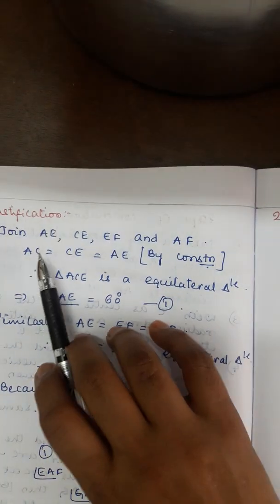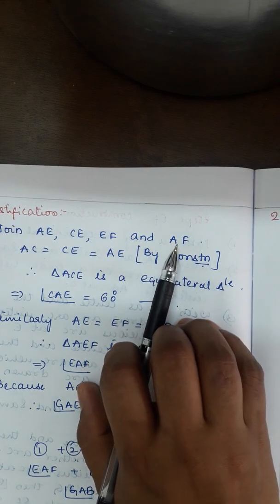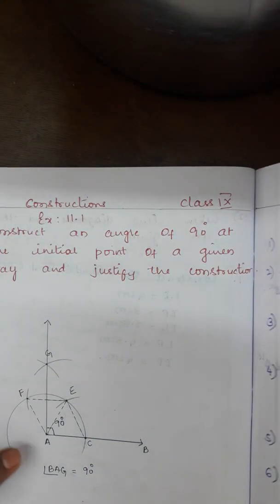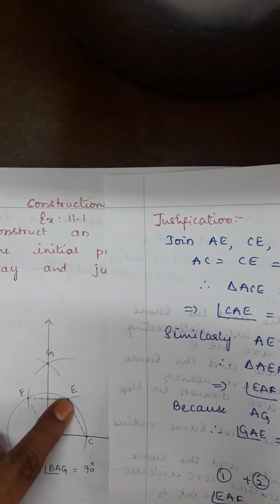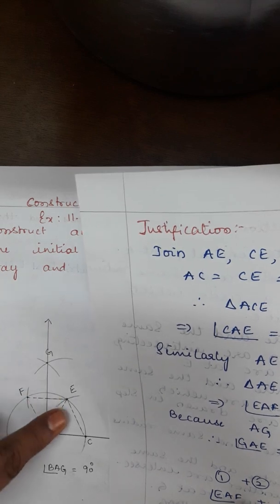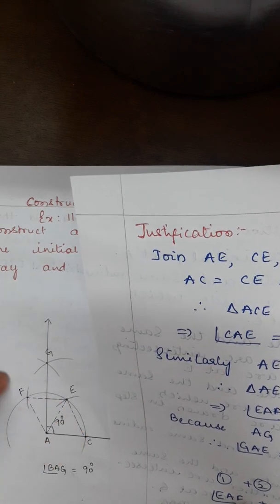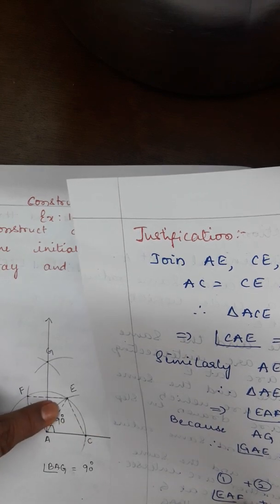Now as we have joined AE, CE, EF and AF, what happens? AC is equal to CE is equal to AE, right? As we have drawn arcs, we have cut equal segments. AC is equal to CE is equal to AE.